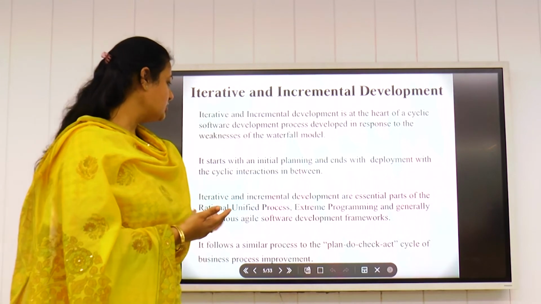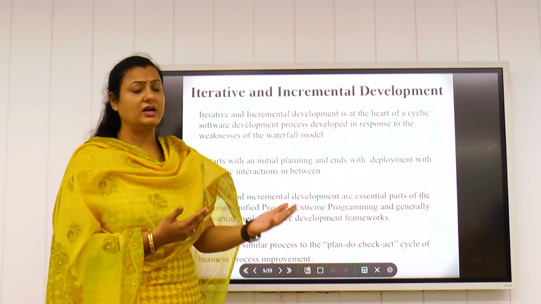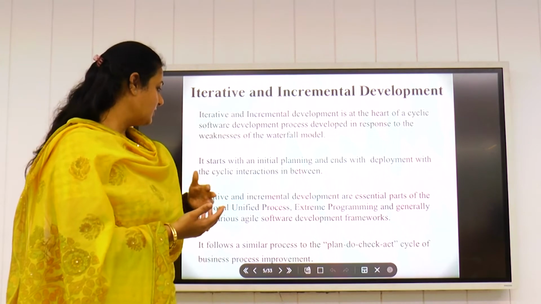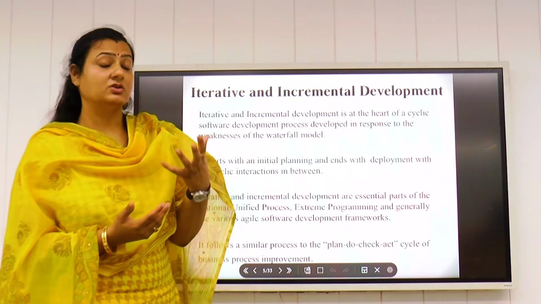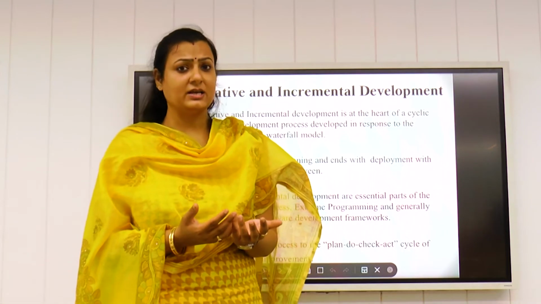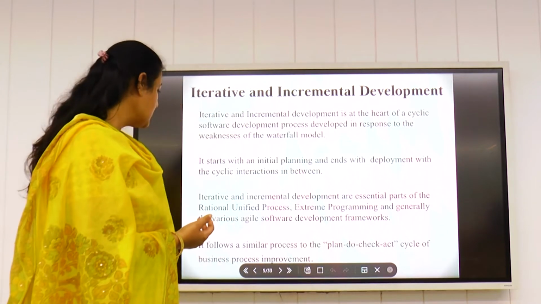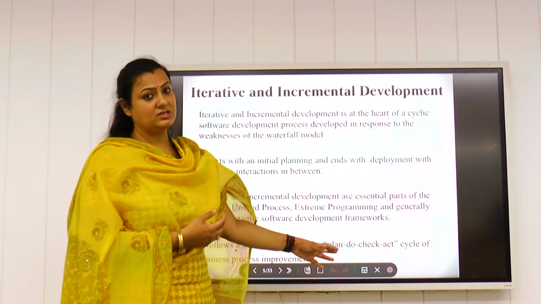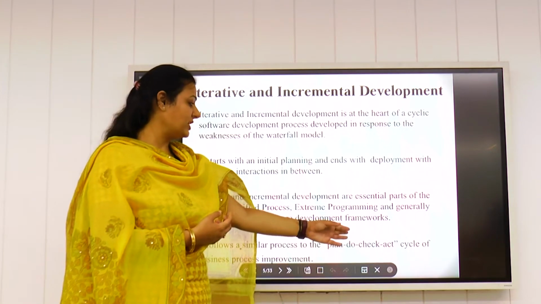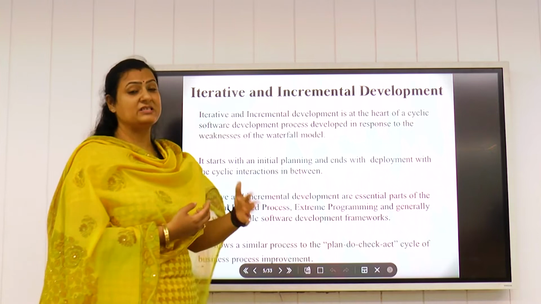Mostly the Rational Unified Process and Extreme Programming are the various Agile software development frameworks which follow these technologies and methodologies. This is a similar process to Plan, Do, Check and Act, which is followed for business improvement.